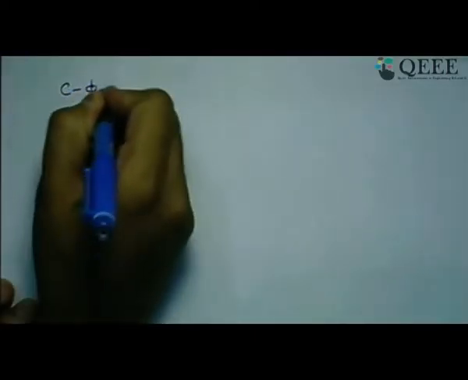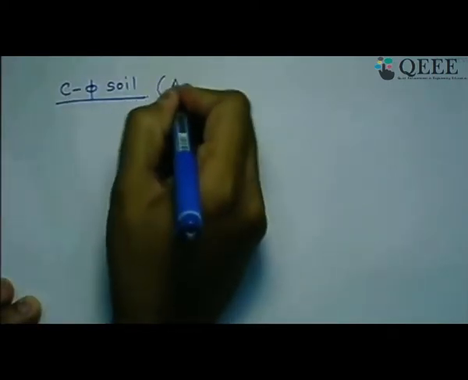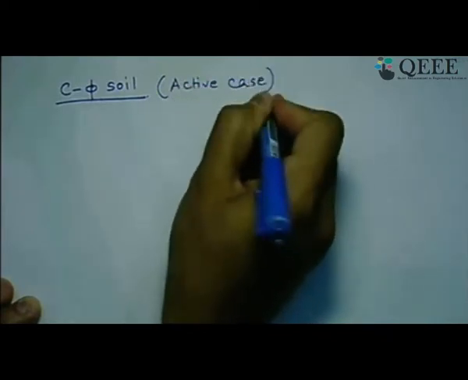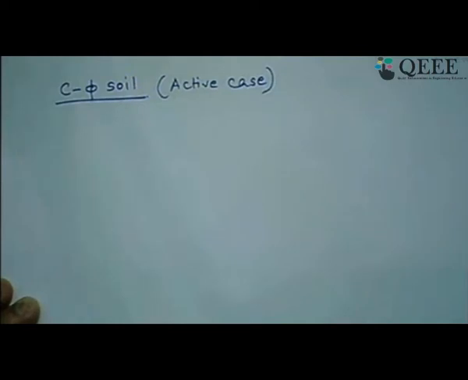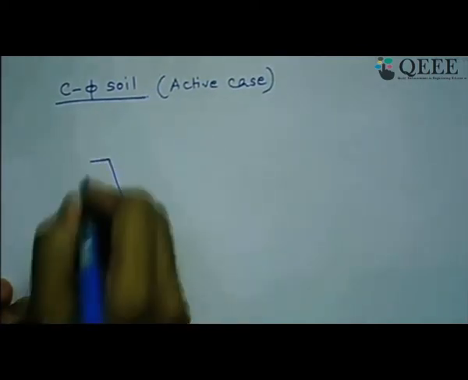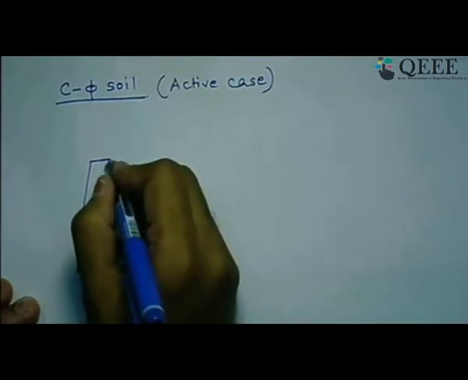So, the modified Coulomb analysis for c-phi soil: let us take the active case, and similarly we can do it for passive also. If I complete one, then you can easily follow the other case as well. So again, let us take a sectional view of a rigid retaining wall.